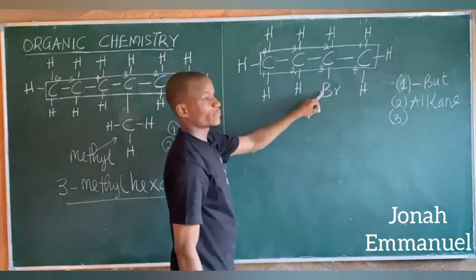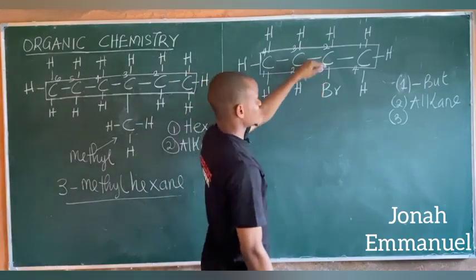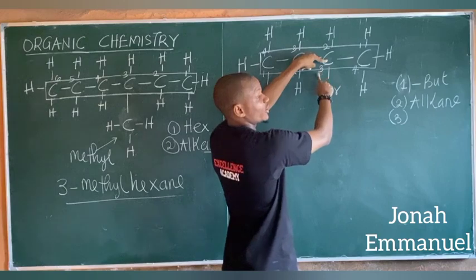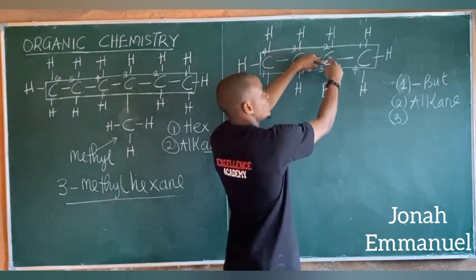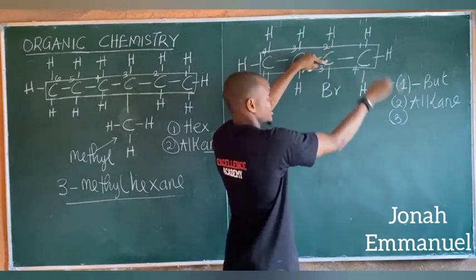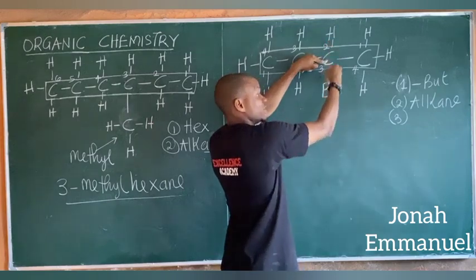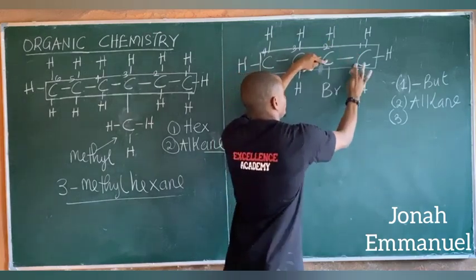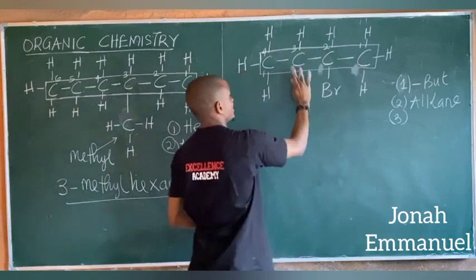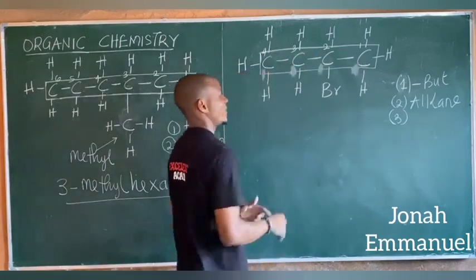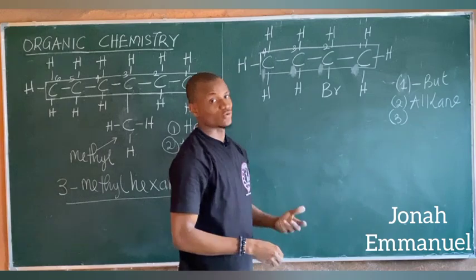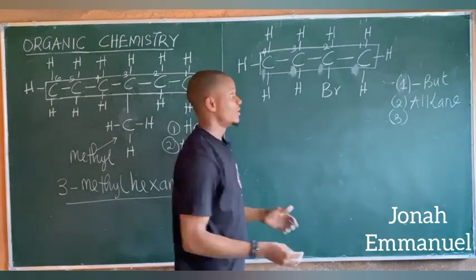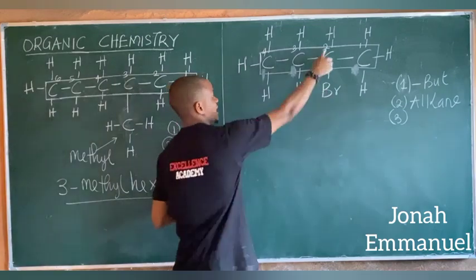My bromine here is a substituent, attached to this carbon. From lower numbering, this carbon is carbon 3. From upper numbering, this carbon is carbon 2. Between 2 and 3, the least number is 2. So I'll still go with upper numbering here. Please, this does not mean that your least must always be upper numbering. No. In some cases too, the least number can also be lower numbering. It can go either way. Alright, so bromine at carbon 2.